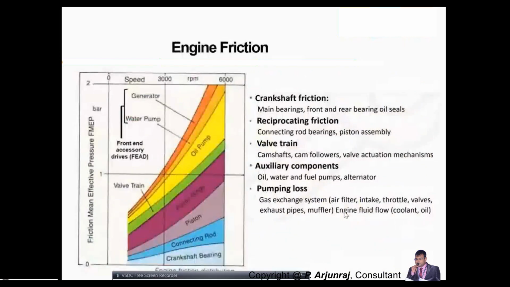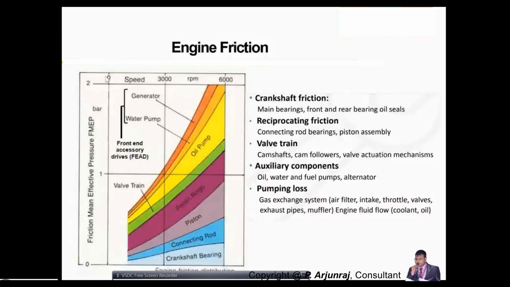So these are the different engine frictions that develop because of different components. You have the crankshaft friction, reciprocating friction, valve train friction, auxiliary components friction, and pumping loss. Here, this is the graph which shows the relationship between the friction mean effective pressure of the engine and how the engine friction is distributed between different components.